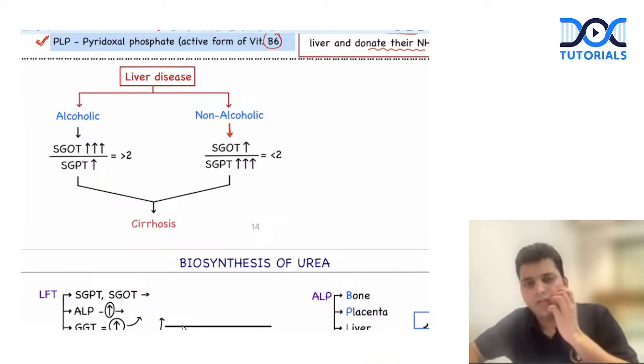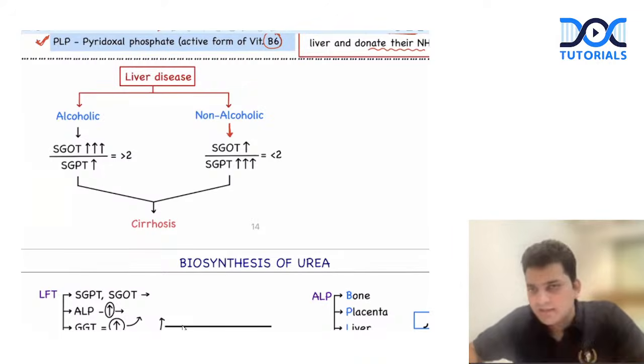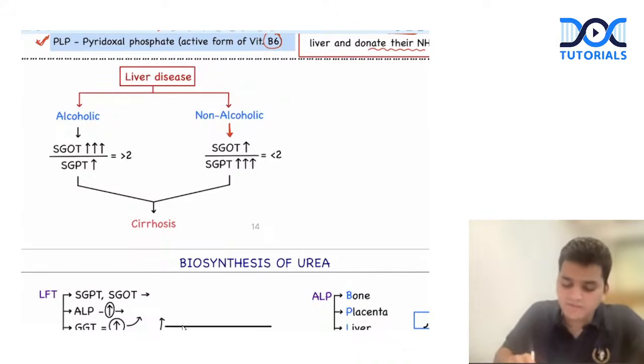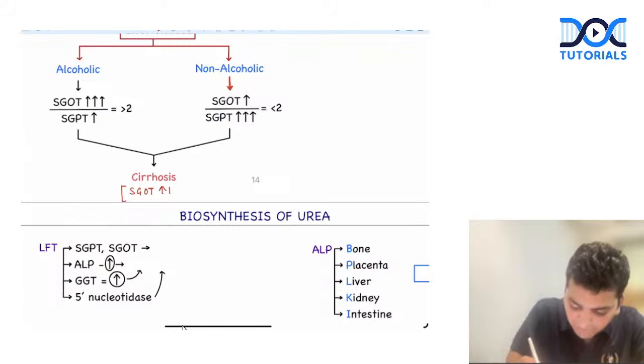But when cirrhosis develops, which is the last stage of any liver disease, whether alcoholic or non-alcoholic cirrhosis, the SGOT will be more compared to the SGPT.